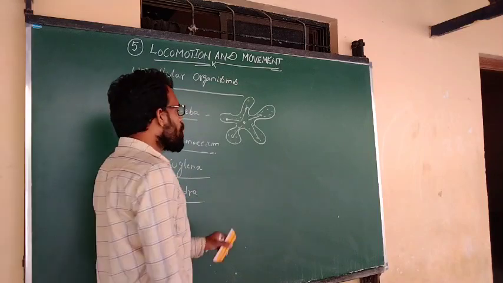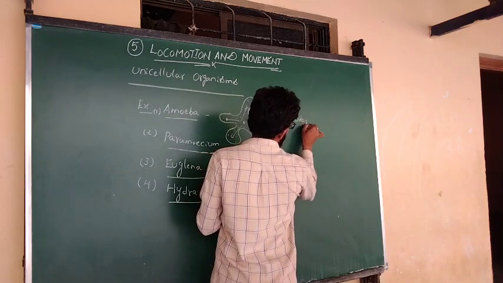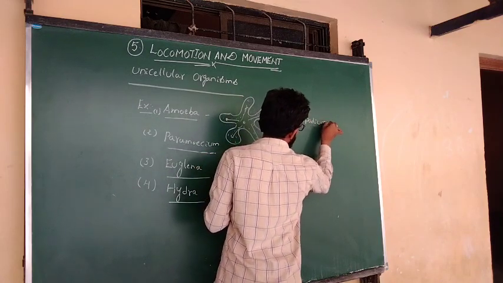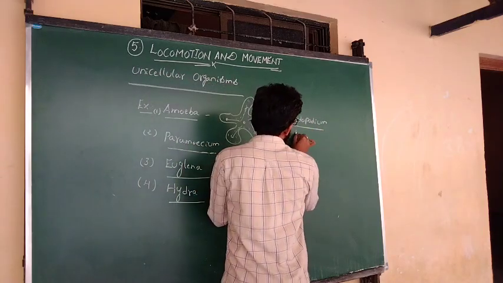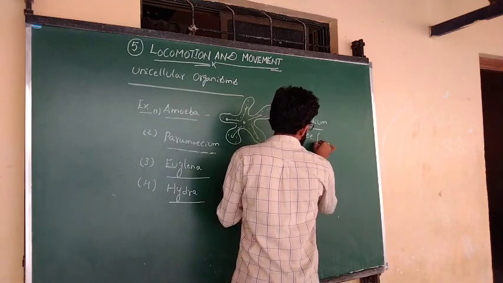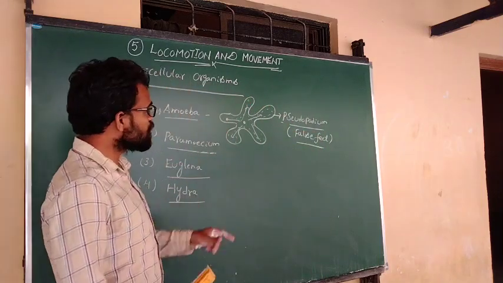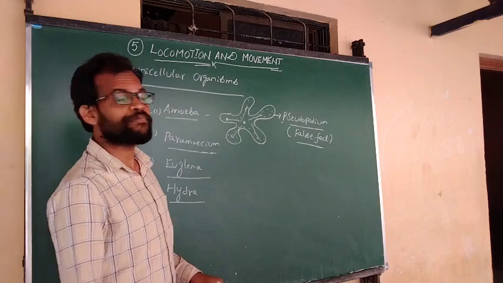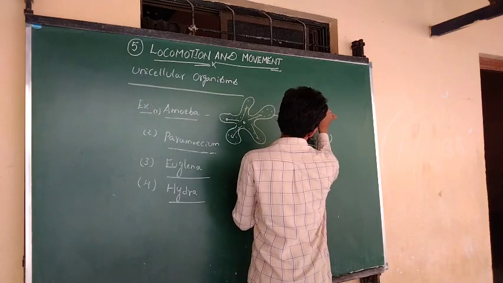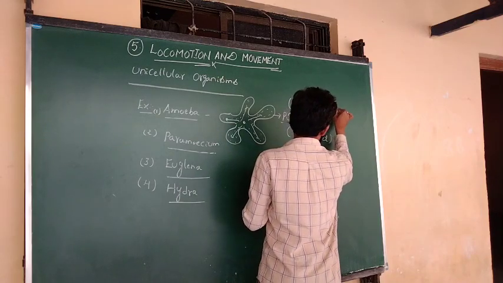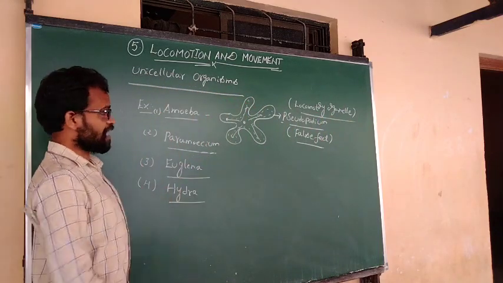Once this protoplasm moves into the entire cell, the plasma membrane is modified into pseudopodium. These pseudopodia are also known as false feet. The pseudopodium is the locomotory organelle present in the amoeba.